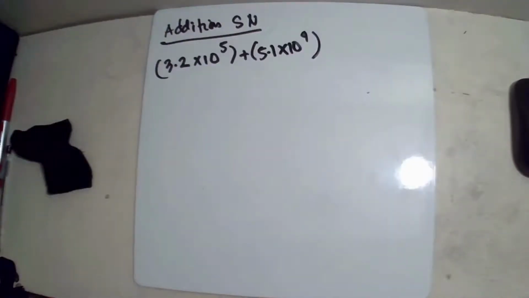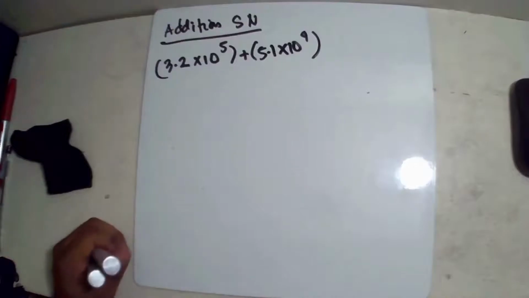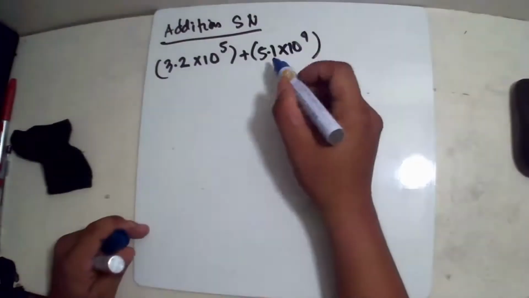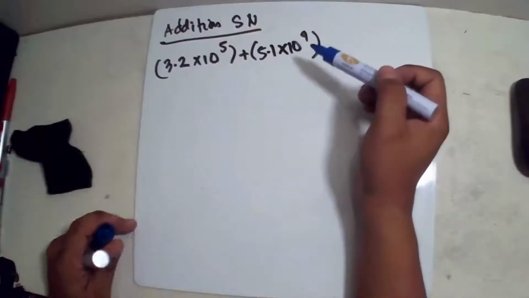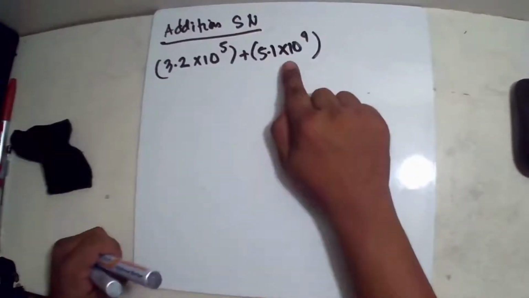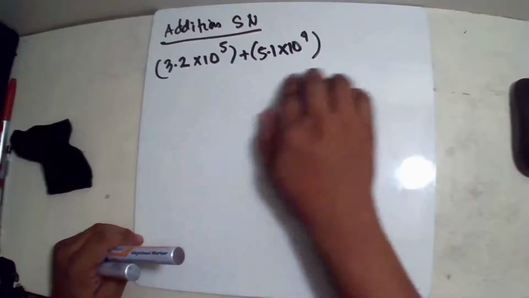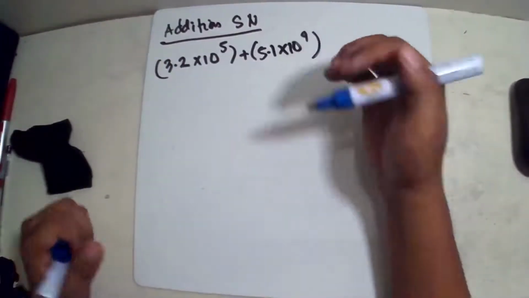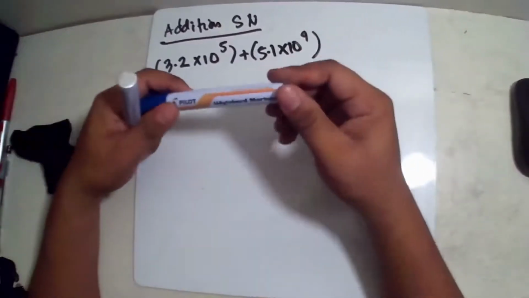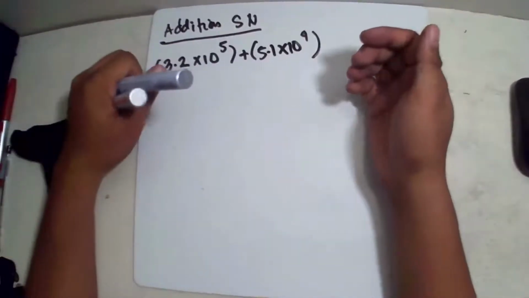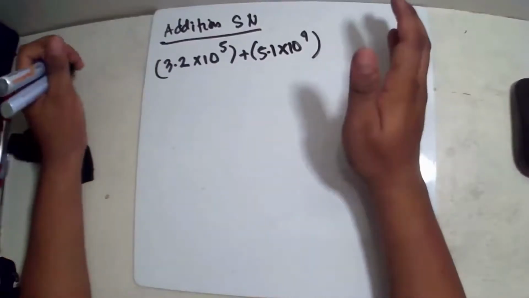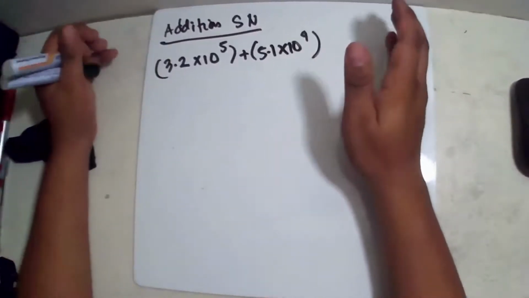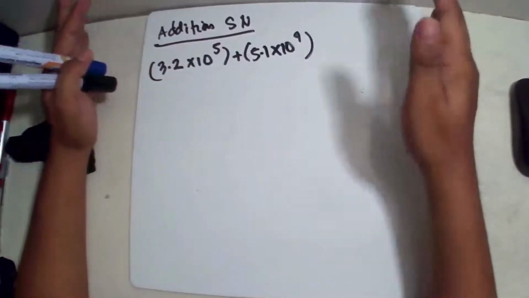So how are we going to do that? Obviously, we will have to reduce the lowest exponent that we have in the series. Take note of this one. If the given numbers are not similar in exponent, you will have to rearrange that number so that the exponent will become similar.